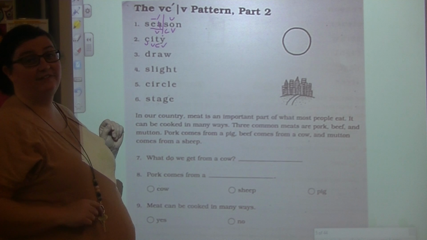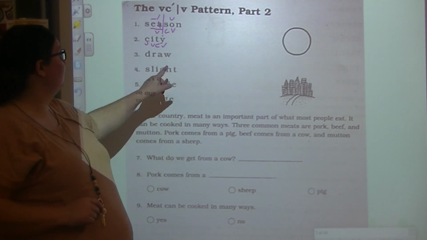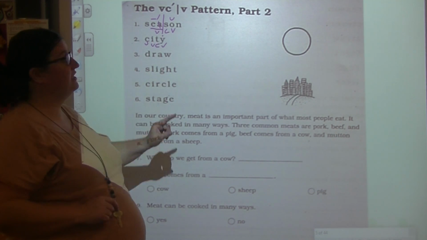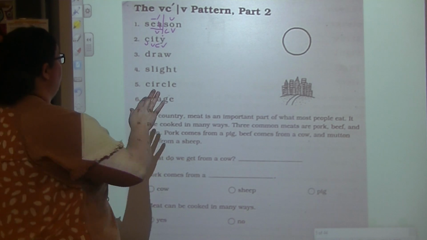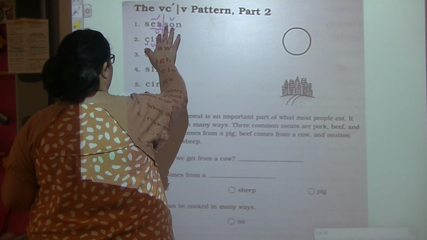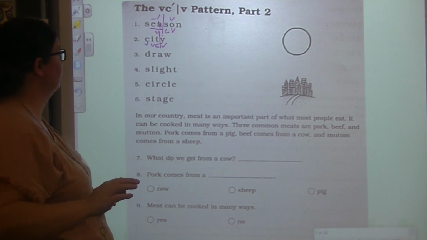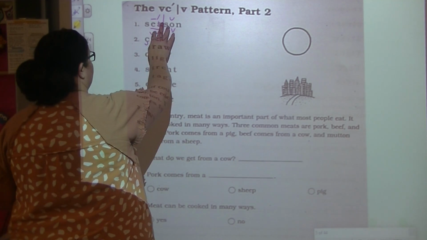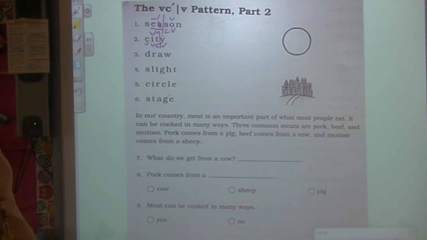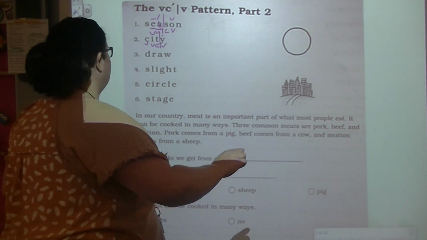City. So where do we divide? We're going to keep that vowel short. We divide after the consonant. Now we have a picture of the city.